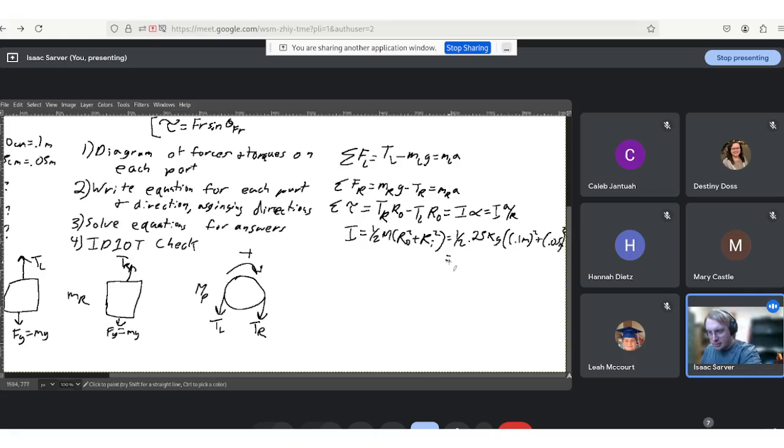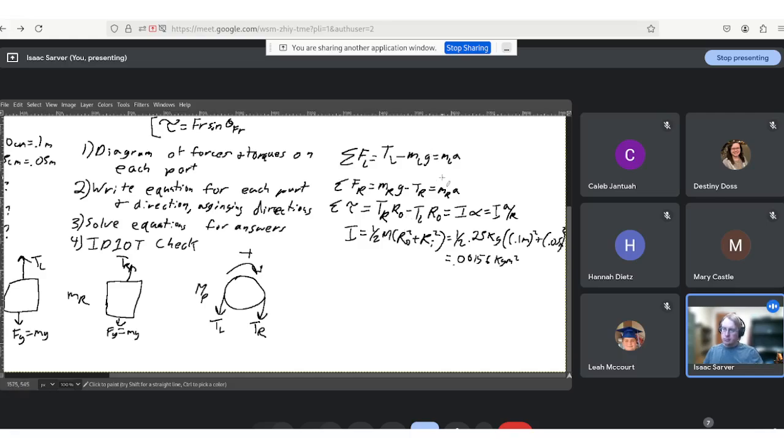Calculator, what is this value? 0.25 divided by 2 times 0.1 squared plus 0.05 squared is 0.00156 kilogram meters squared.